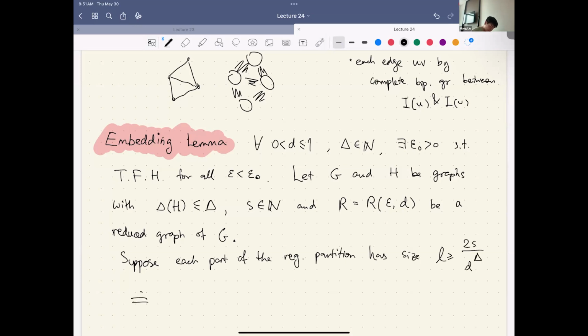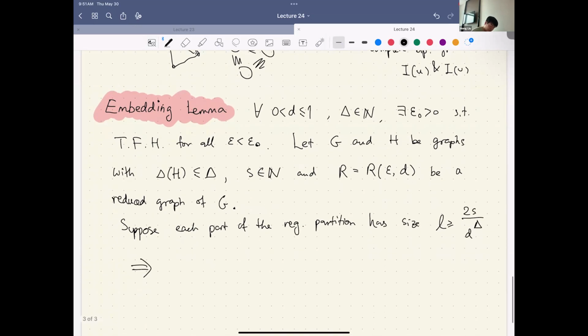Then we have the conclusion: if H is contained in the blow-up of R by s, in other words, if R contains a homomorphic image of H, then G contains an actual copy of H.